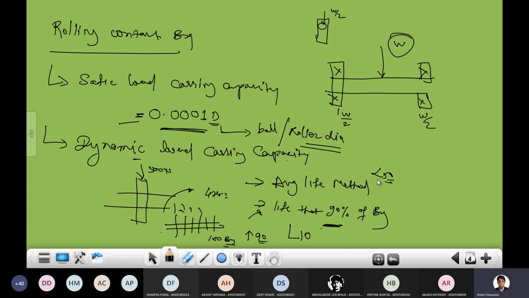So when you are going to talk about the relation between the reliability and life, that time we'll see why we are representing this 90% criteria by the L10 and why we are representing this एवरेज लाइफ क्राइटेरिया बाय L50.